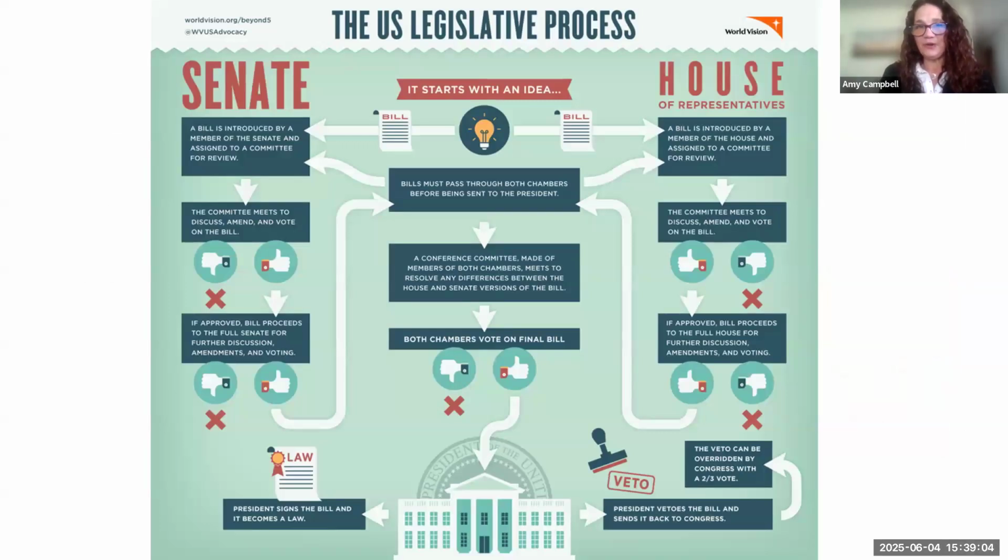This is the federal diagram. It's more colorful, but it's a very similar process and has all of the same kinds of abilities to be set aside, to be amended, to be gutted, to be completely rewritten. There are some particulars that are different.